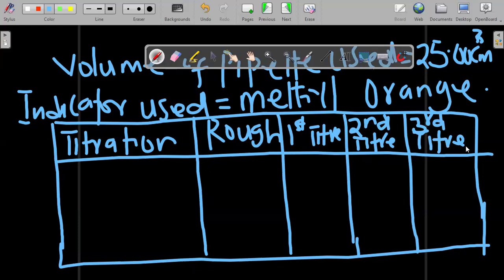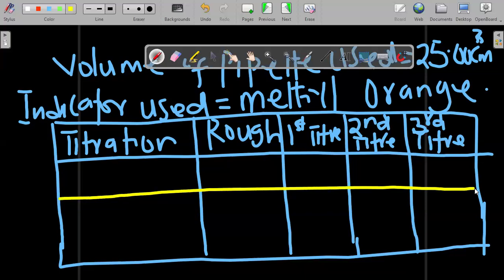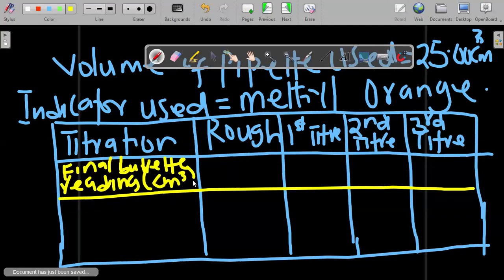Then after which you run another column, you write final burette reading. Then you must put the units, cm cube. Final burette reading, cm cube.